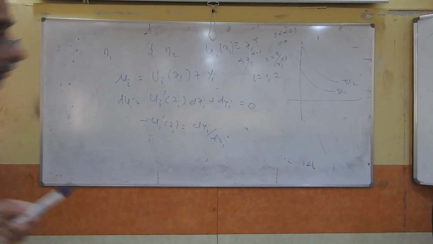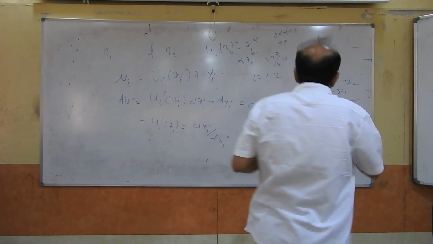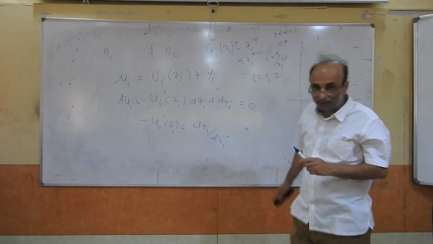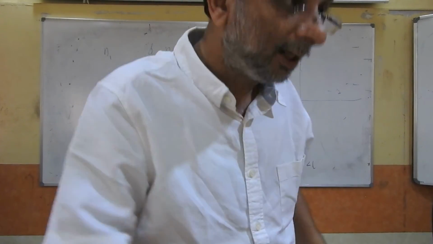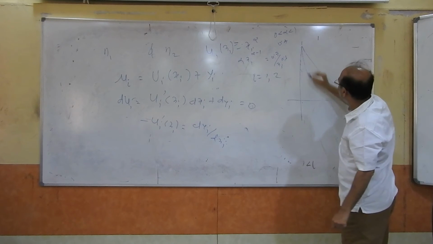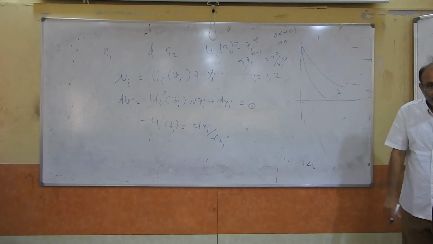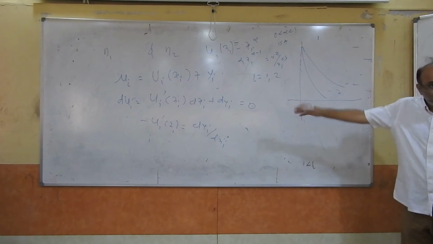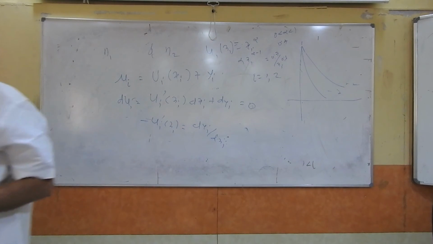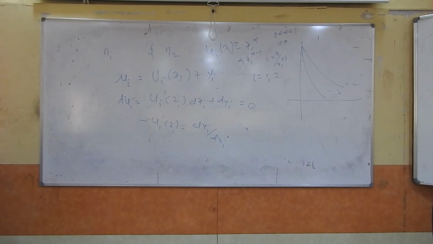For different individuals, the one who has a higher preference for the good, that is, a higher marginal utility, will have a steeper indifference curve, because the slope will be higher. Is this clear?